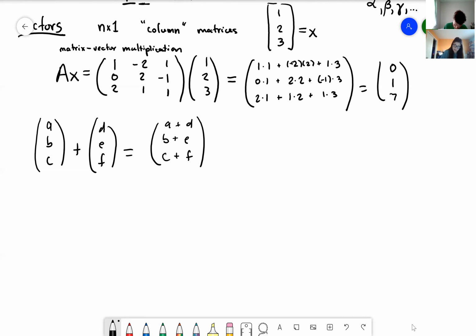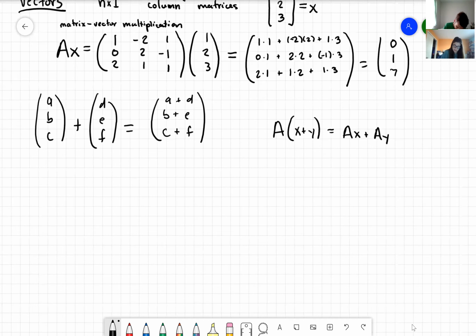Matrix vector multiplication has distributivity, so we can distribute multiplication across addition. A times (x plus y), so we're adding together 2 vectors and multiplying a matrix by it. As long as the dimensions work out, this will distribute just as Ax plus Ay.